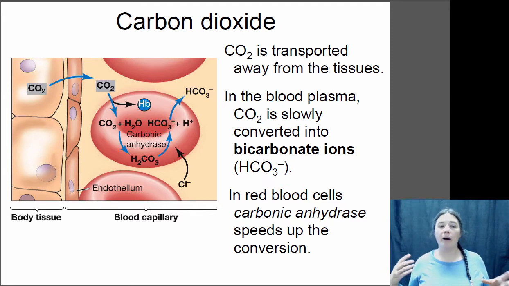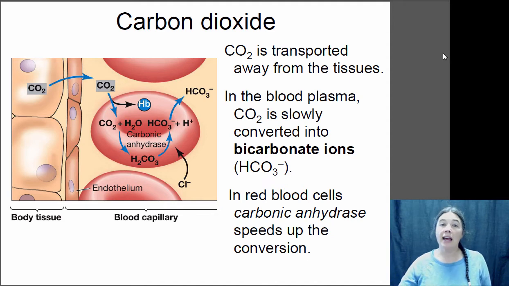But within the red blood cells, if carbon dioxide diffuses in there, there's actually an enzyme called carbonic anhydrase, which will quickly convert that carbon dioxide to bicarbonate. So what that does, when it gets converted to bicarbonate, is lower the carbon dioxide concentration and increase the amount of diffusion out of the tissues and into the bloodstream. So it increases that concentration gradient and allows more carbon dioxide to diffuse.